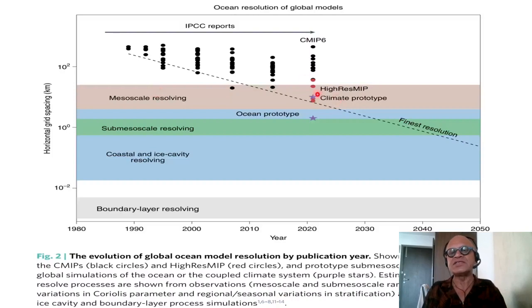Okay, so we can see that now in 2020 some of the HighResMIP and climate prototype models are getting into mesoscale resolution, and ocean prototype models as well. So as we go into the future, we may begin to get into finer resolutions and begin to resolve sub-mesoscales and coastal ice cavity resolving models as well by 2050.